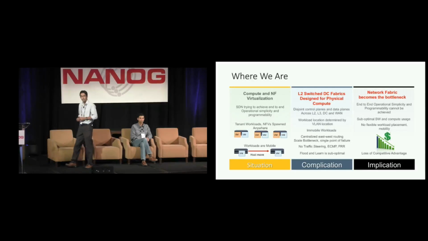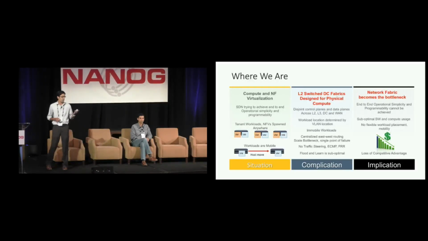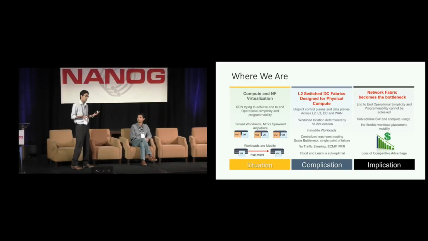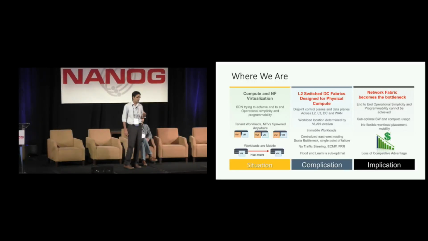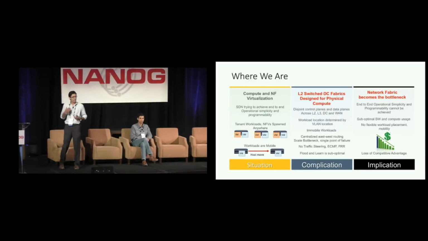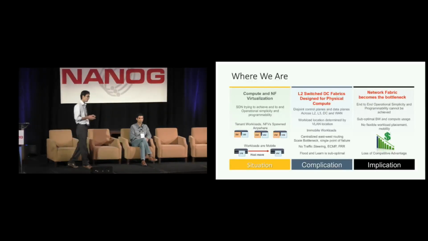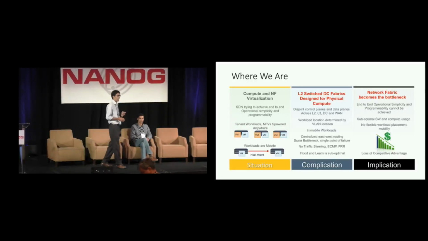Specifically, your legacy switch data centers were never designed for virtual workloads and flexibility, which means you cannot provision your workloads or spawn them anywhere or move them anywhere. On top of it, the legacy data center is based on flood and learn, which is highly suboptimal and doesn't give you control of your network, which means you cannot achieve programmability in your network.